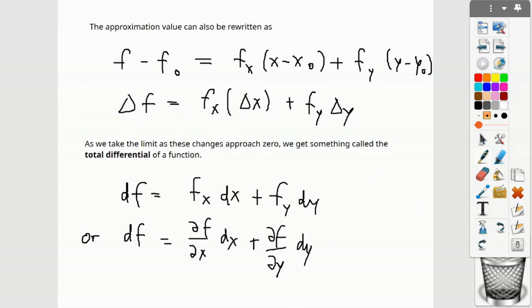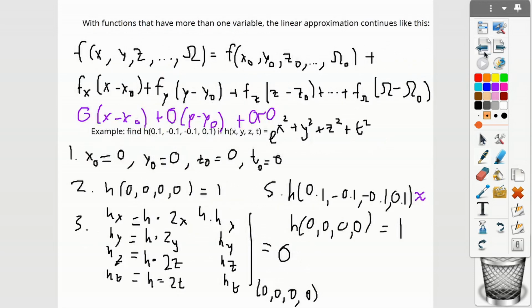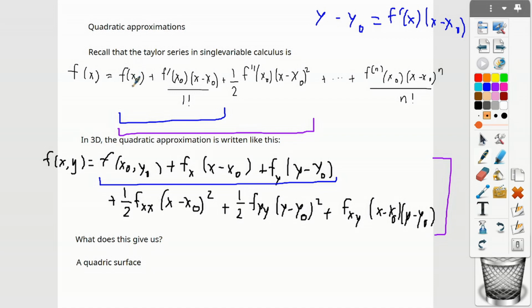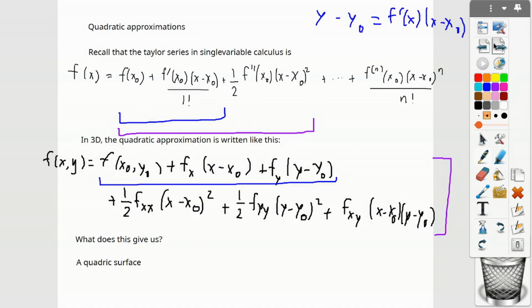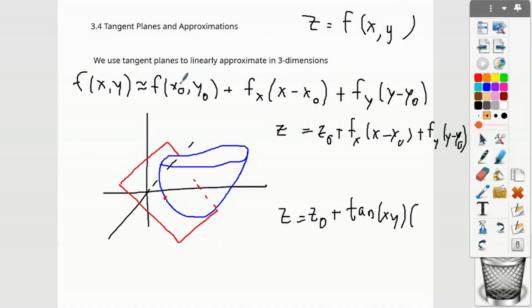Now, this is what the approximation value can also be rewritten as. So this actually looks a little bit cleaner than what we have right here. Right back here, move this to the left, and then what we get is f minus f0. I'm just going to say this is f0 because it's x0 and y0.